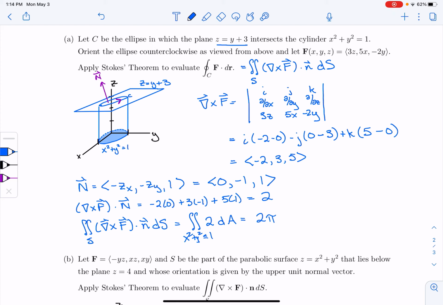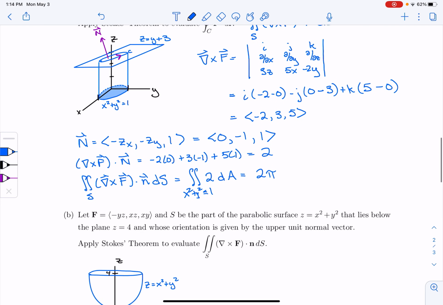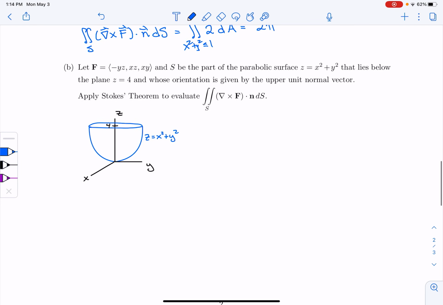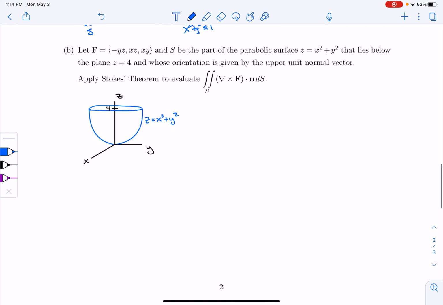Okay, now let's see if we can apply Stokes' theorem, but now in the other direction, where we want to compute the surface integral, and we're going to look at instead the line integral. So here, my vector field f is going to be negative yz, xz, and xy. And S is going to be part of the paraboloid that lies below the plane z equals 4, and whose orientation is given by the upper unit normal vector.